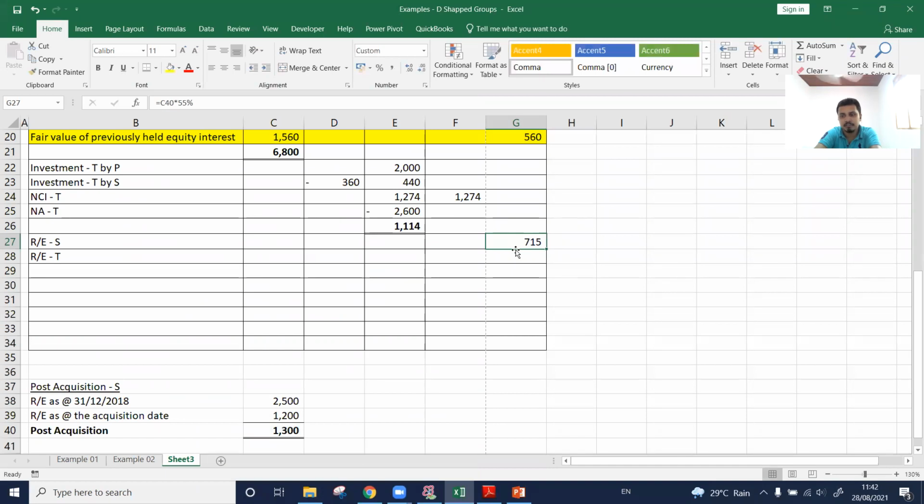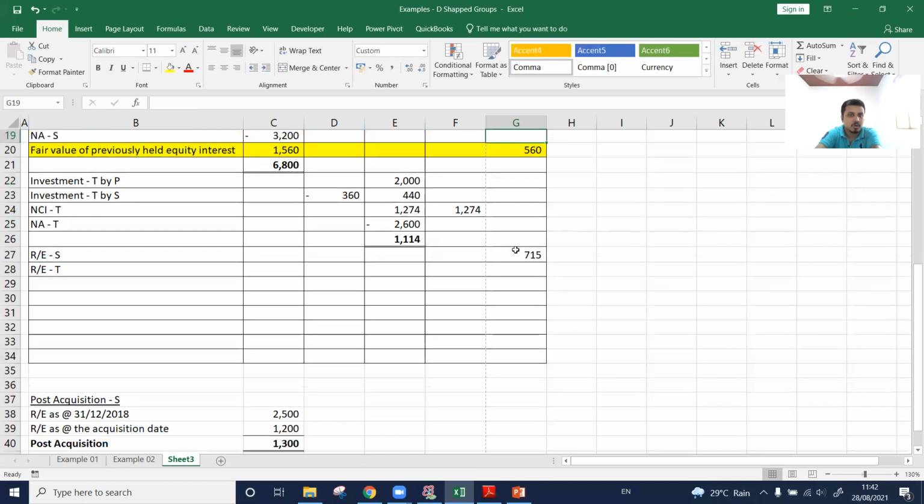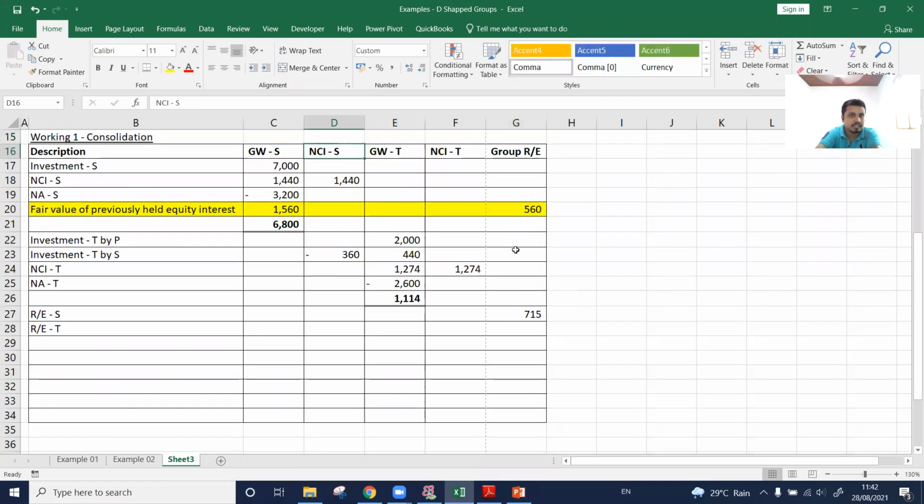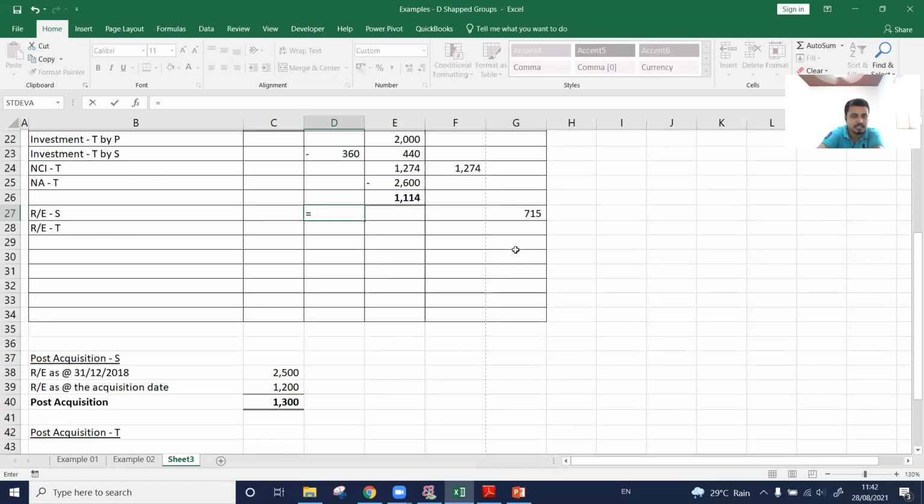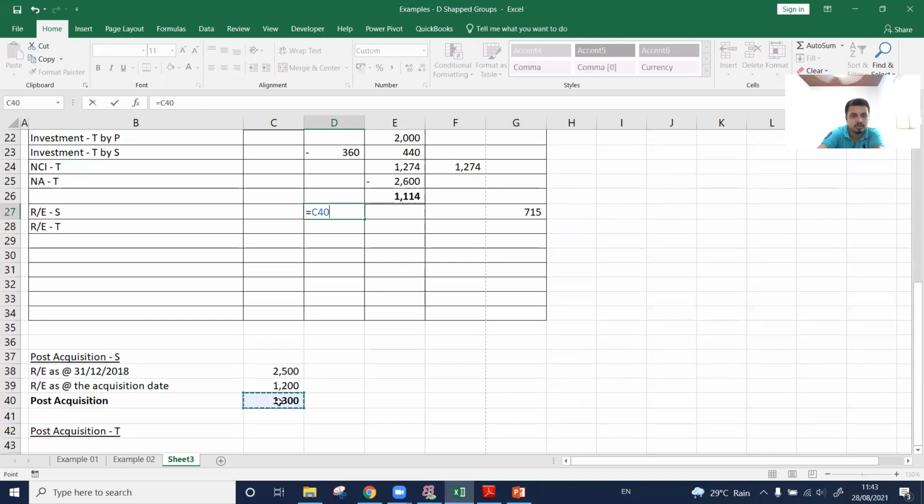It means 715 should belong to the parent company shareholders. What about NCI of S? Other shareholders. Out of this post acquisition, the remaining 45% should belong to the other shareholders of S. That is 585.